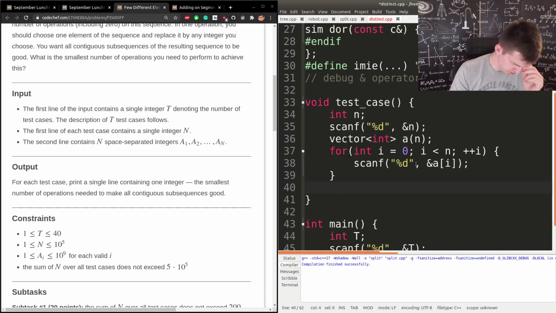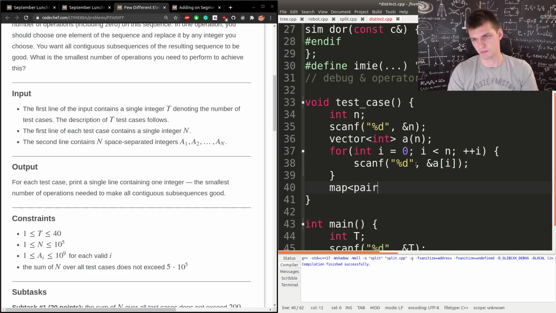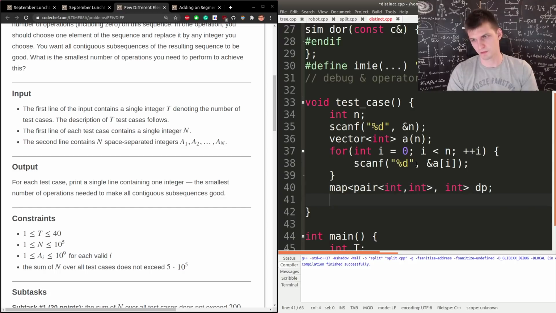Let's say that -1s, they can be anything. Is that fine? This is the number of moves at the end.